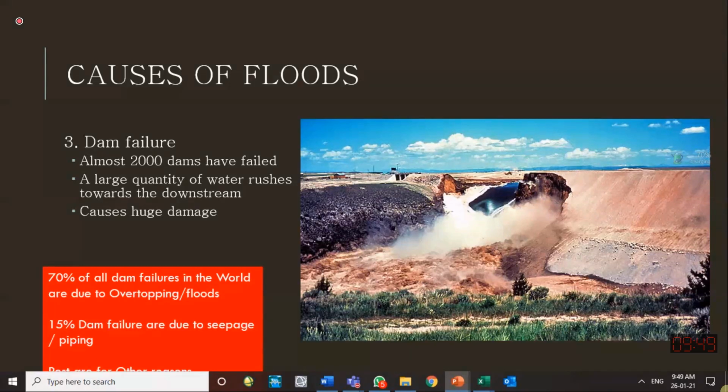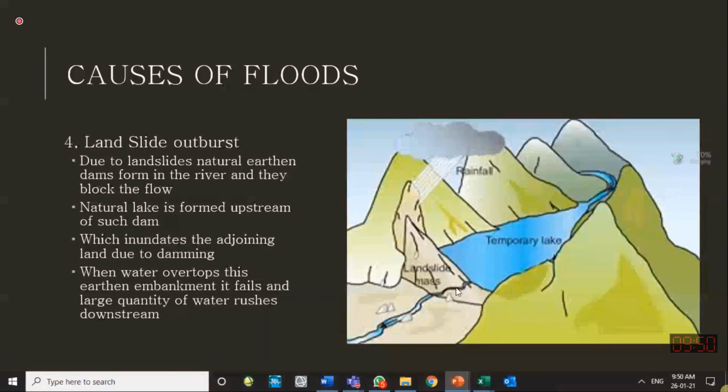The erosion is so high that it starts on the downstream slope of the dam, and the dam body starts being cut by the overflowing water, and an opening is usually created in the dam body that works like a weir, and flow starts overflowing it, and it increases, and a huge flood can result because of this. Dam failure can also occur because of a landslide outburst.